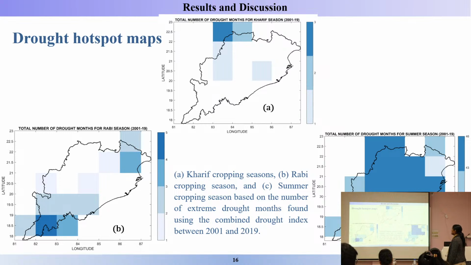The severity is calculated here as the number of months in drought. More months in drought would indicate more vulnerability for such regions. Consistently, what we saw is that the southern part was more prone to vulnerability compared to the northern or the eastern coastal part.